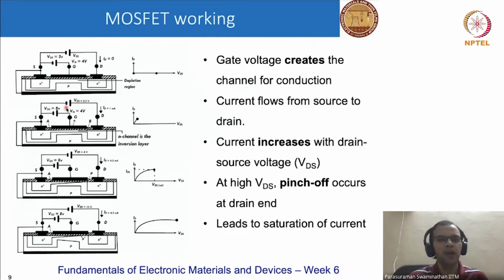When we now bias the gate, so this is an NPN, when we bias the gate positive, we drive electrons towards the gate so that we create an N channel for the electrons to flow from the source to the drain. For a given gate voltage, as the voltage at the drain increases, the current increases until we have pinch off, and basically the current gets saturated.